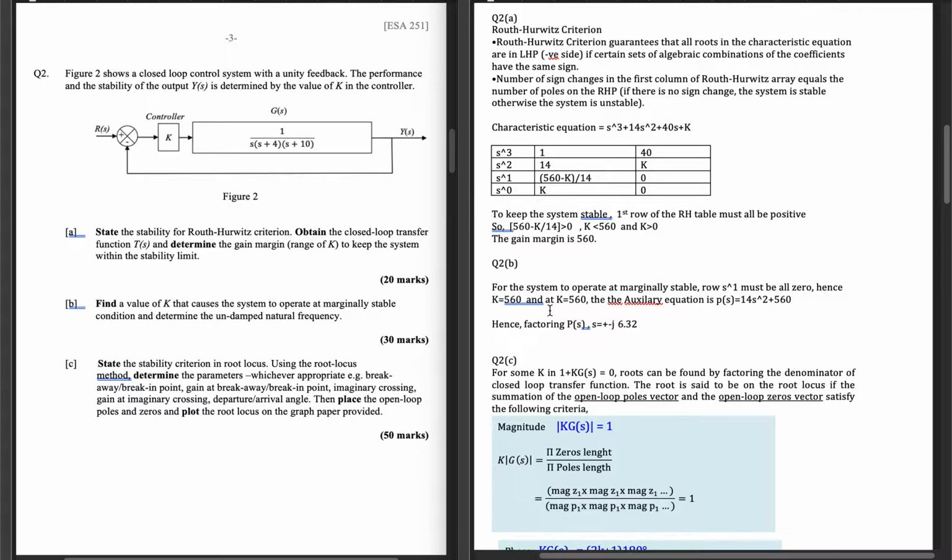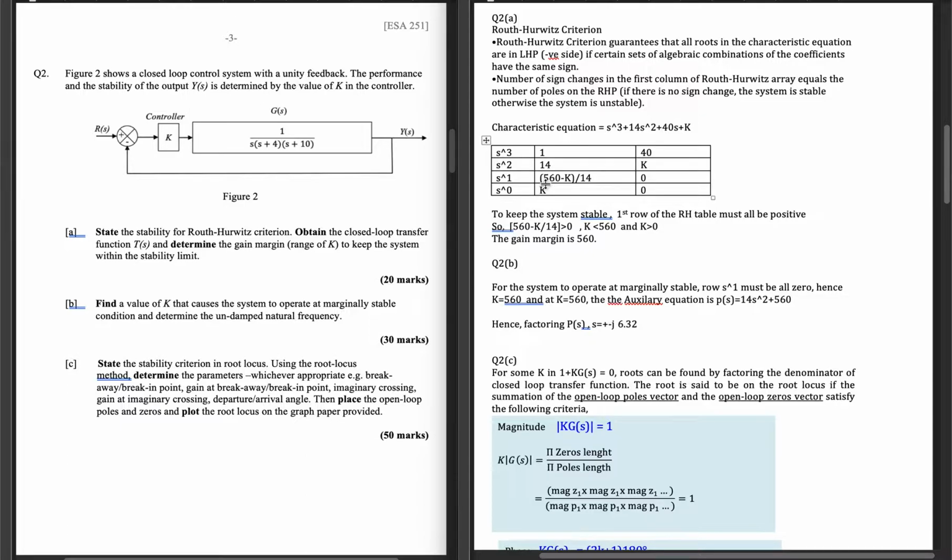So remember in our Routh-Hurwitz criterion, we learned how to make the system marginally stable, using the same table. We need to make this first element 0 so that we can have these auxiliary equations here.